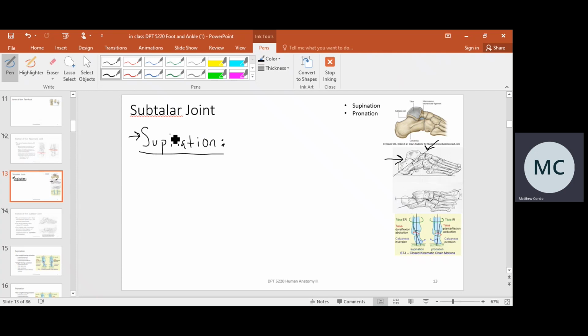So here's what we see with supination. Okay, supination is going to be a combination of three different things.